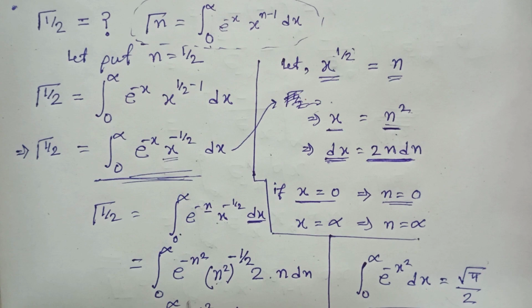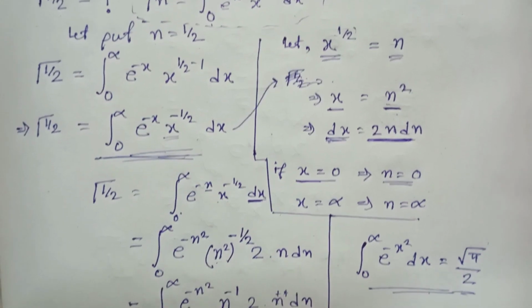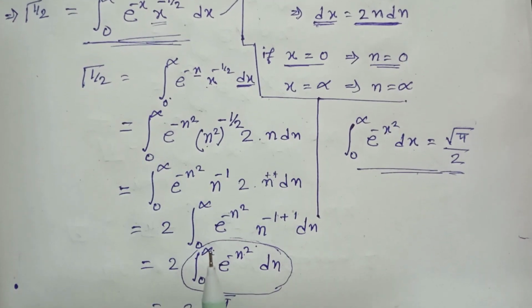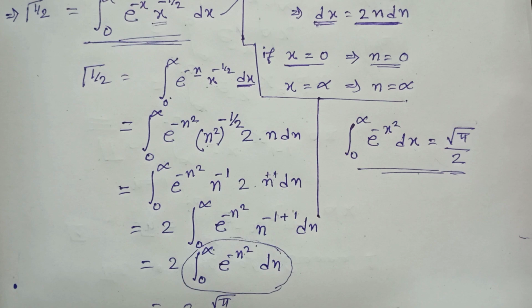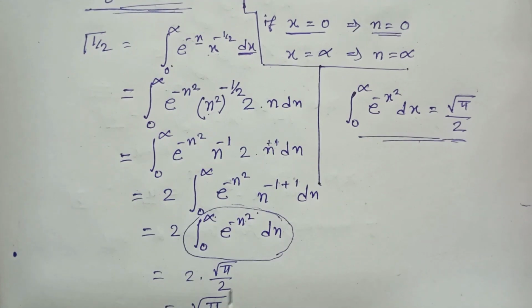Moving further, here it is n to the power minus 1, and here it is n, meaning it has a power of plus 1. After multiplying n to the power minus 1 with n, we get n to the power minus 1 plus 1, which is n to the power 0, which is 1, and in the integration we have 0 to infinity of e to the power minus n squared dn, which has a certain value of root over pi by 2.